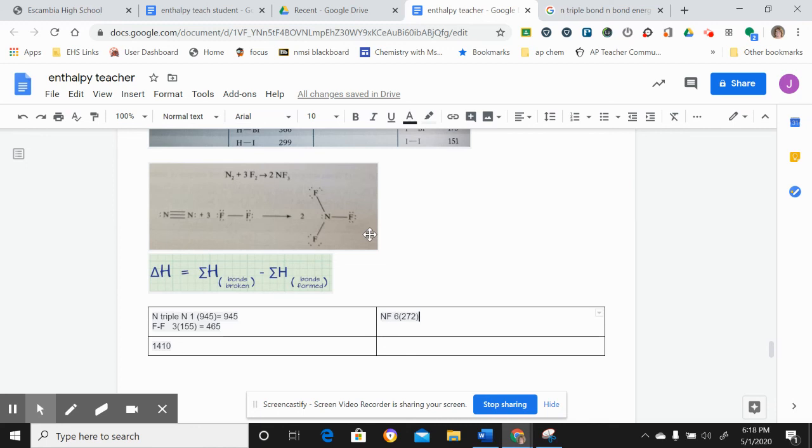Have anything else on that right-hand side? Nope, that's all I have. So I take 6 times 272, which gives me 1632.